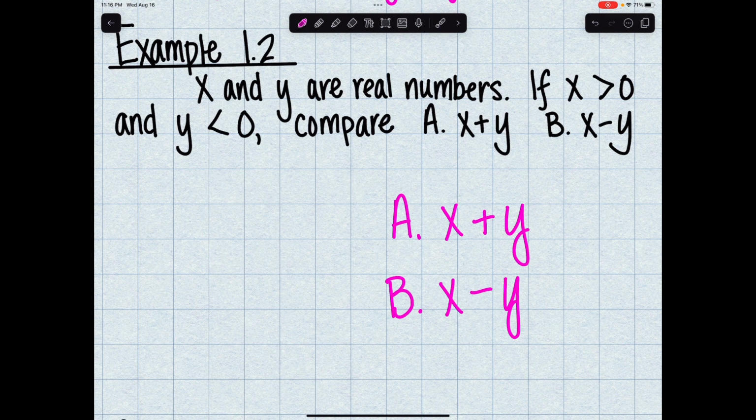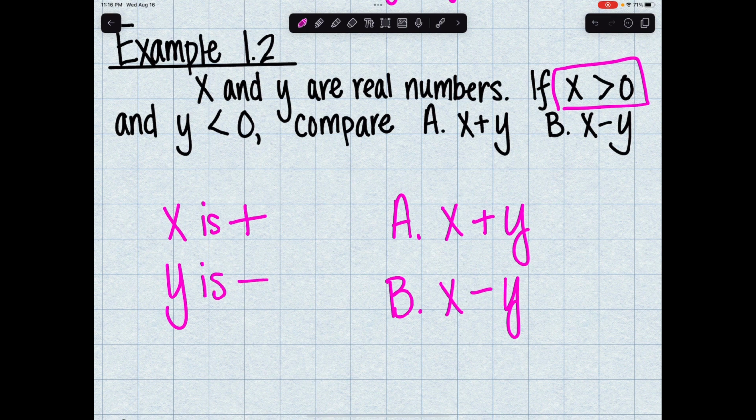Okay, so they didn't give us a ton of information, but they told us that X is greater than 0. That means X is going to be a positive number. And they said that Y is less than 0. That means Y is going to be a negative number. If you add a positive with a negative number, what might you end up with?